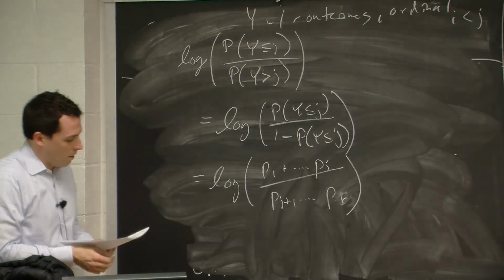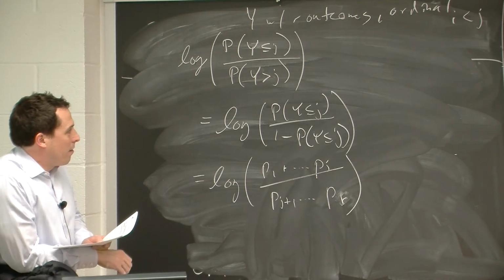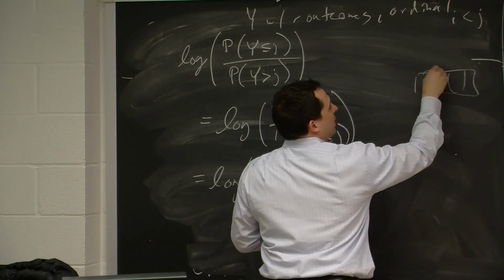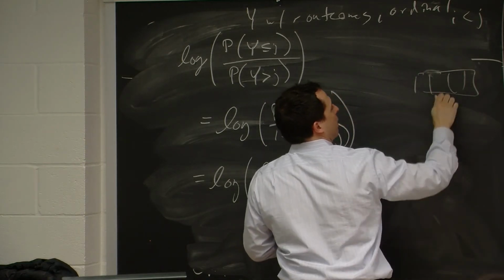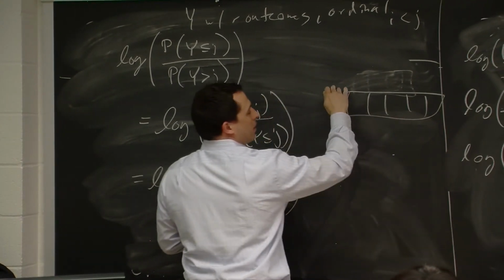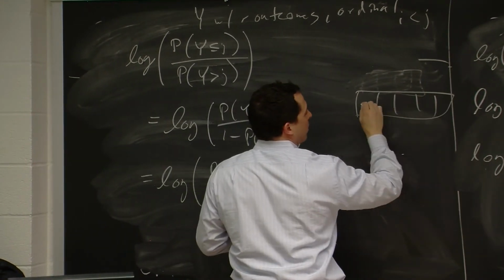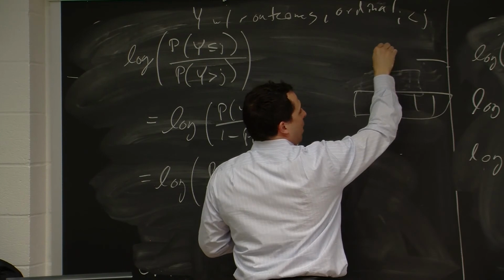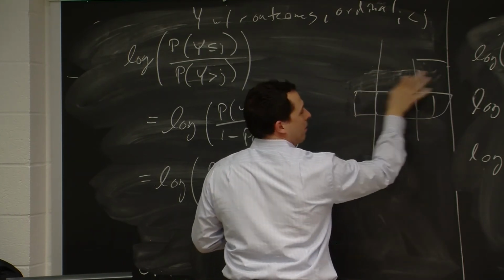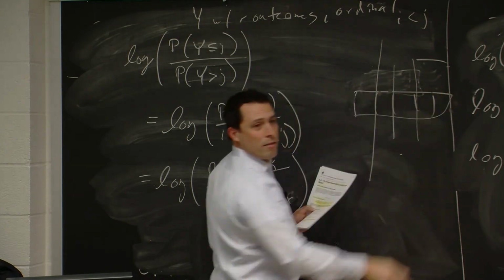The idea here is that instead of modeling adjacent things, we're going to say we have a big table. These are the predictions, these are my outcomes, and I'm going to think about all the possible ways to split this table into two halves. This half and this half, this half and this half.